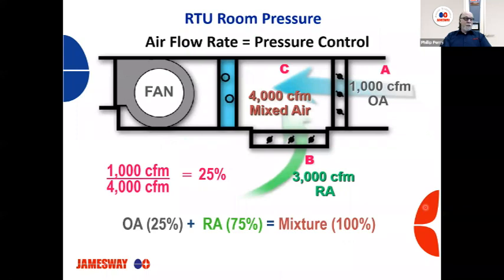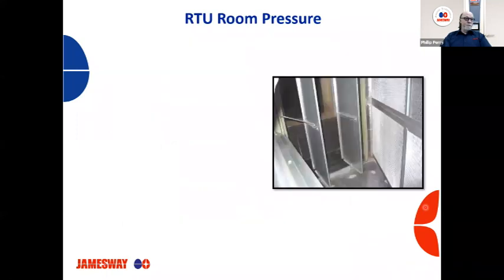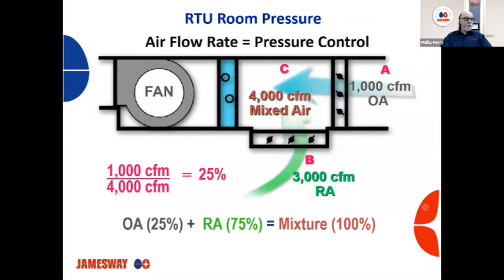Here's a diagram for looking at how the room pressure works with a rooftop unit. This particular unit, we would have a total of 5,000 CFM being dispersed through the fan.